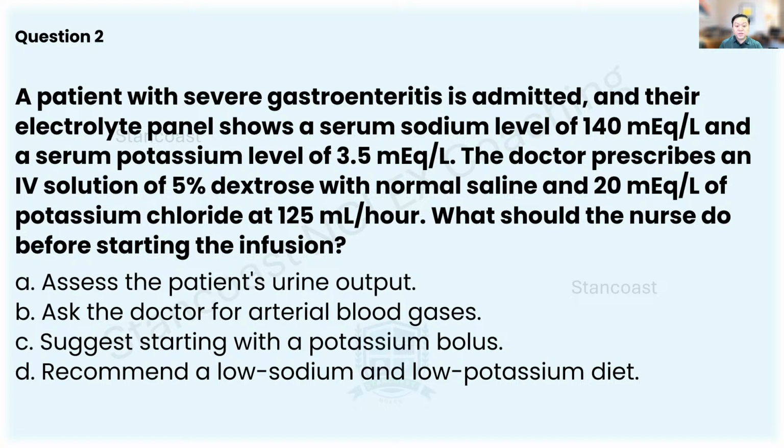What should the nurse do before starting the infusion? Is it A, assess the patient's urine output? B, ask the doctor for arterial blood gases? C, suggest starting with a potassium bolus? And letter D, recommend a low sodium and low potassium diet.